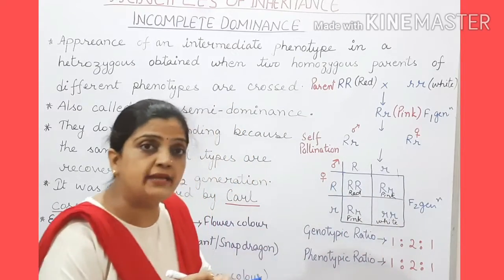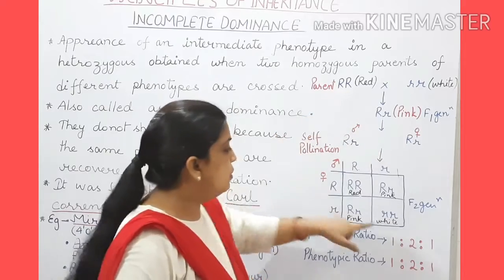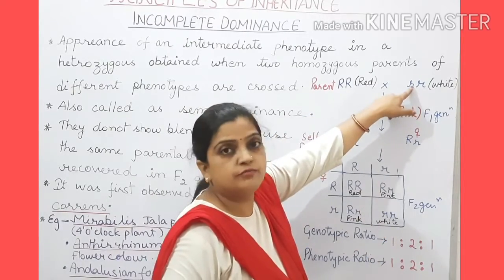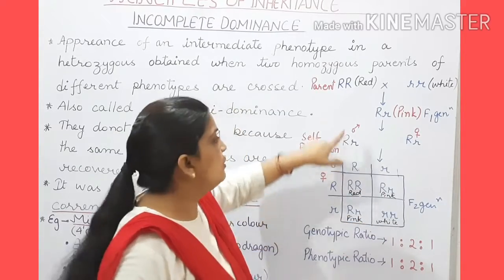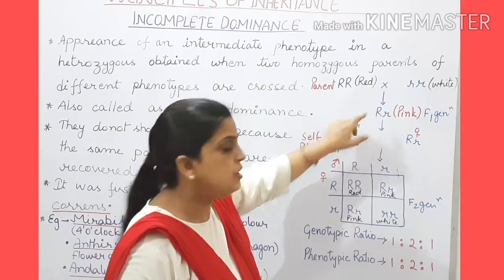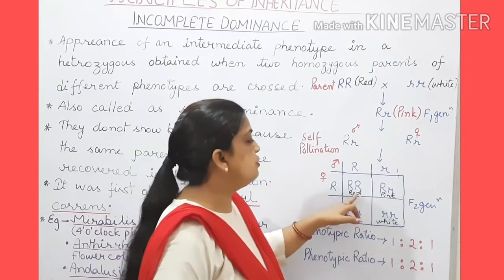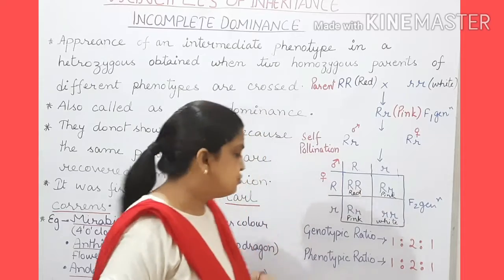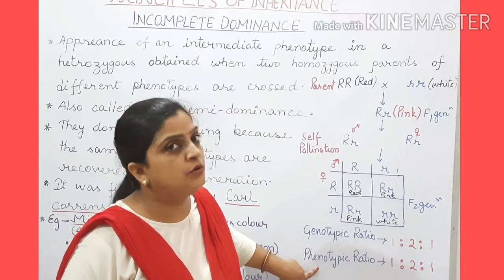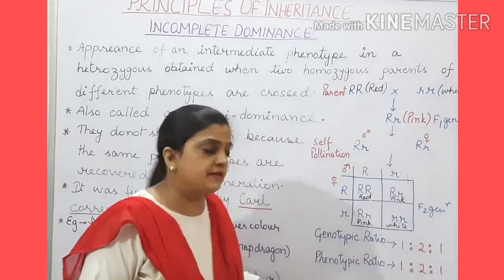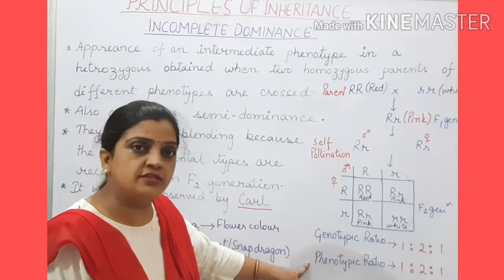So what did you obtain? You obtained one pure red which was from a parent, one pure white which was from the other parent, and 2 of them were pink intermediate, like the F1 generation. So what ratio did you obtain? Phenotypically, 1:2:1. So the phenotypic ratio in the case of incomplete dominance was changing. In Mendel's experiment, the phenotypic ratio obtained was 3:1.